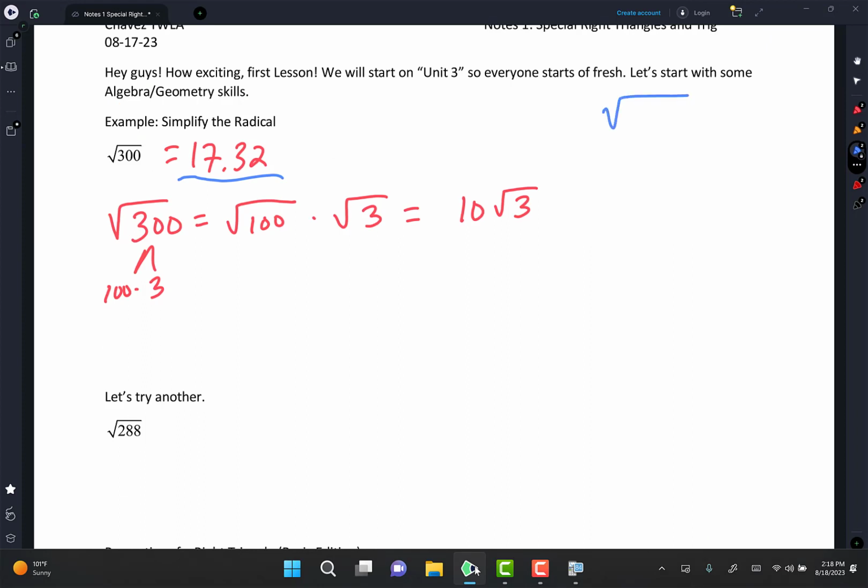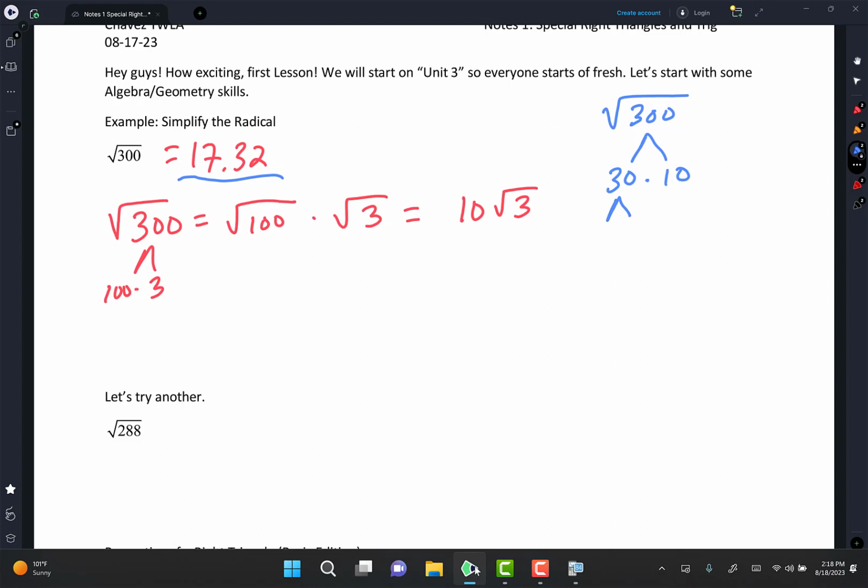So let's say I don't go this route. Let's say I didn't remember that 10 times 3 is 300. You could break it down: I know that's 300, so that's 30 times 10. Then I keep making what's called a tree, keep going down the branches until I have a pair of something.